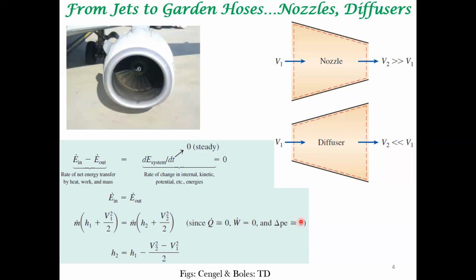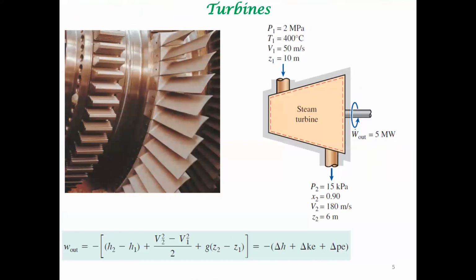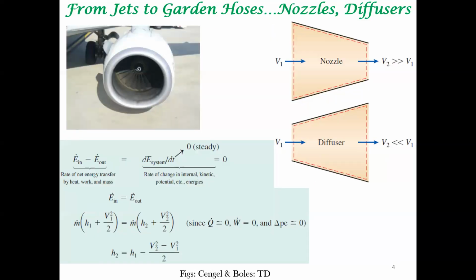So what we need to keep track of is the amount of incoming energy, which involves the mass flow rate times the enthalpy plus the kinetic energy.